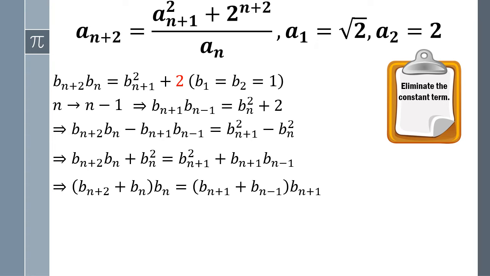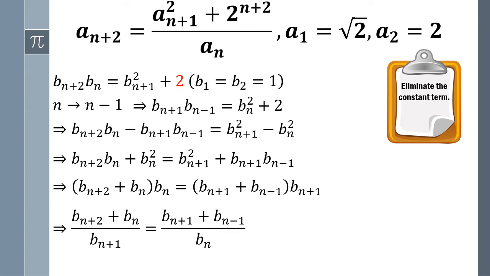Then both sides of this equation can be divided by b_n times b_{n+1} so that it becomes (b_{n+2} + b_n) over b_{n+1} equals (b_{n+1} + b_{n-1}) over b_n.